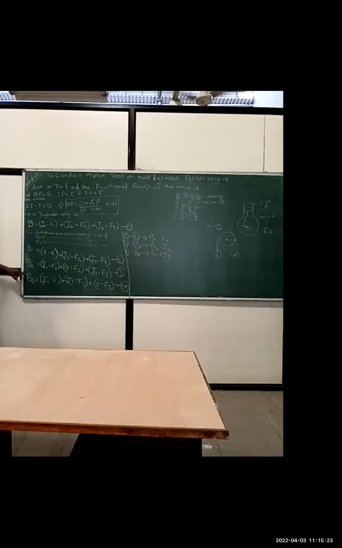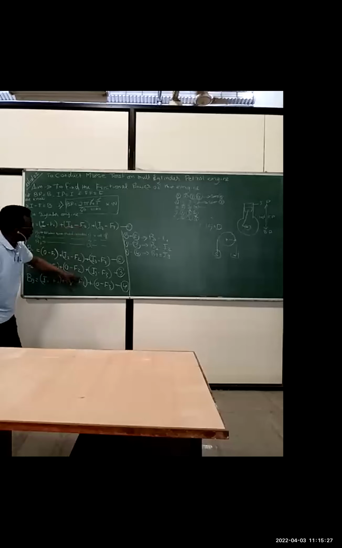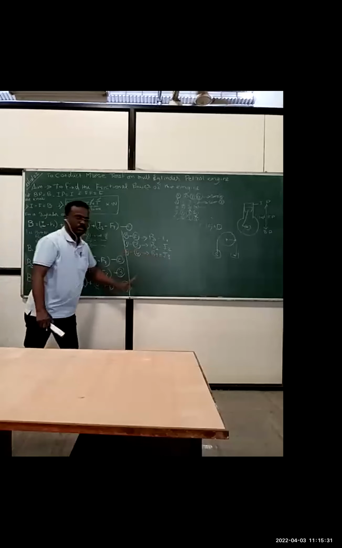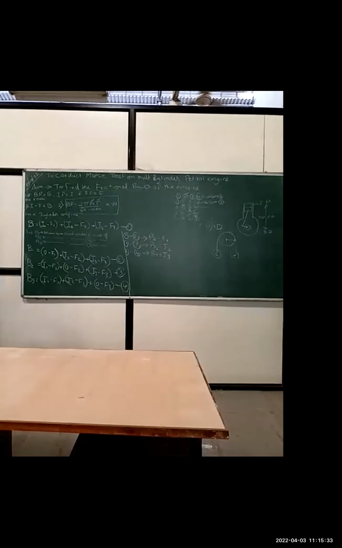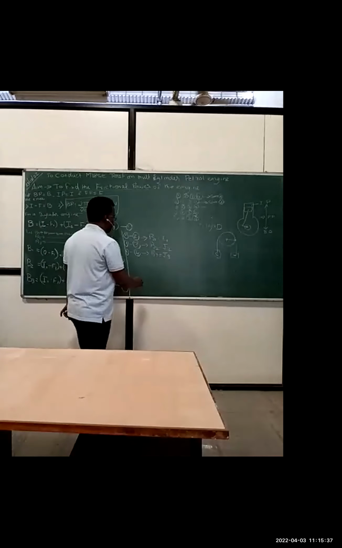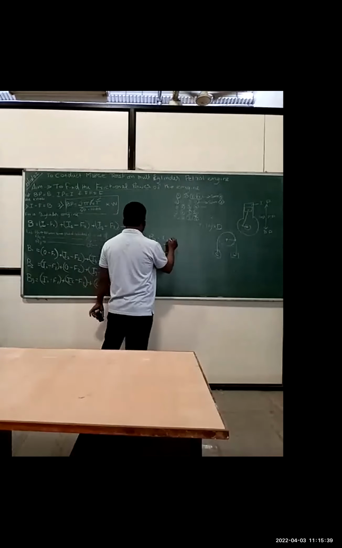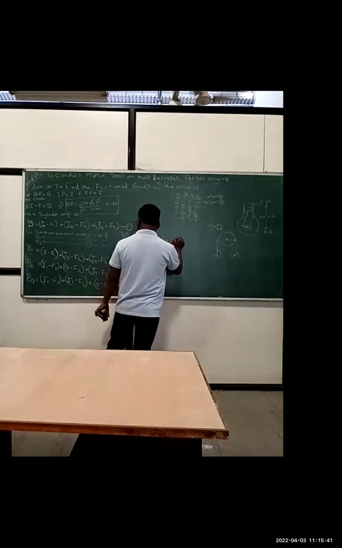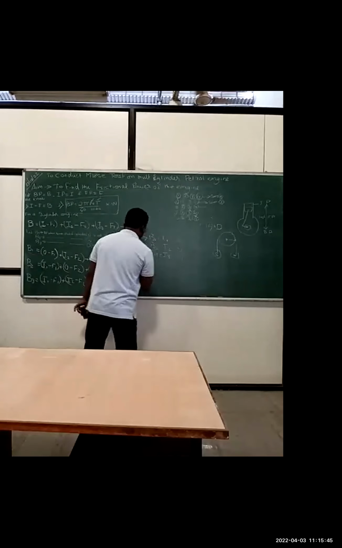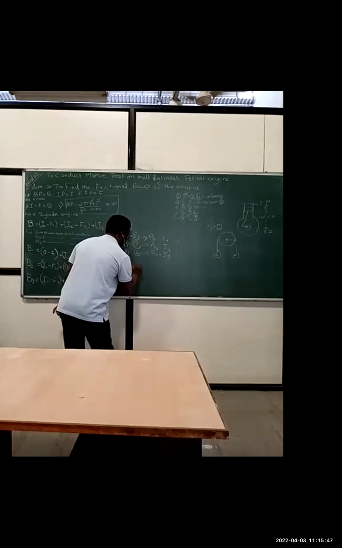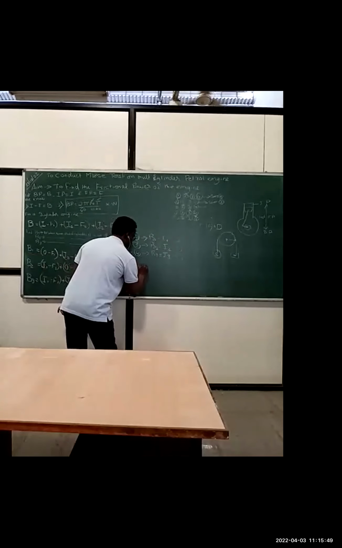When taking this and this, the terms cancel out, only I3 minus 0 remains, which becomes I3. So if I write these equations as 5, 6, and 7, what will be 5 plus 6 plus 7?